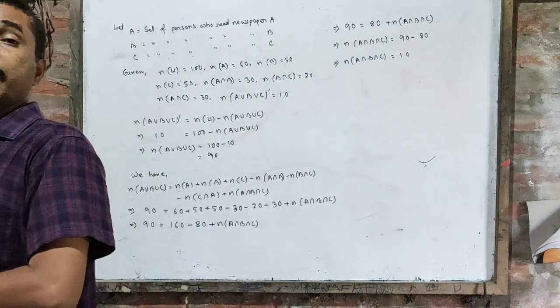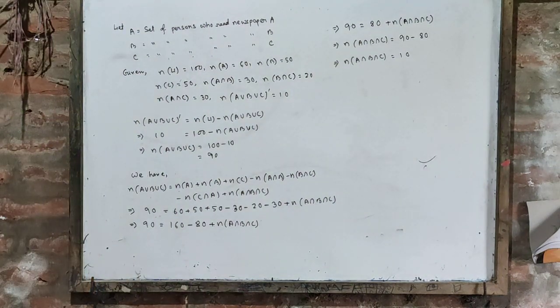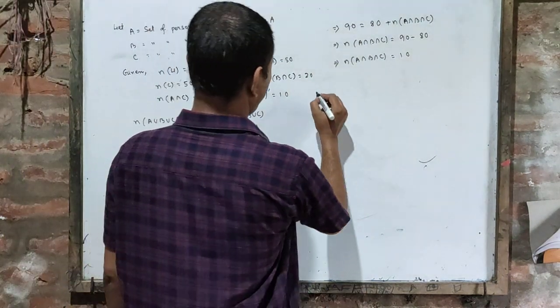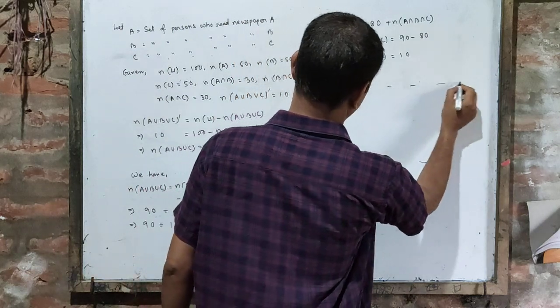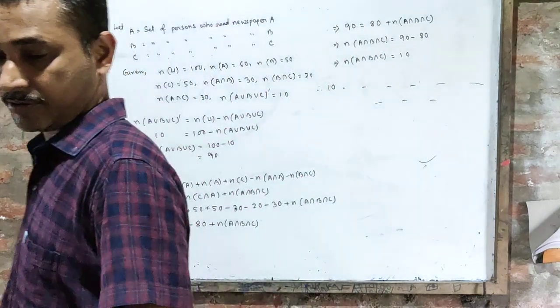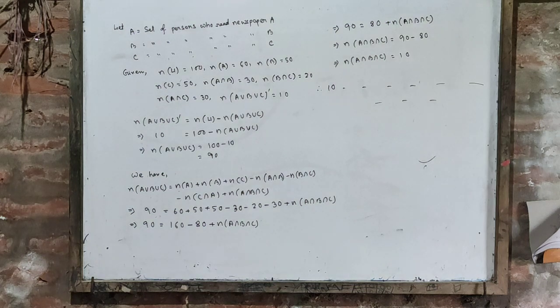So we find 10 persons read all the 3 newspapers. Okay, you write it. Therefore, 10 persons read all the 3 newspapers. Right? So we solve the problem. Next.